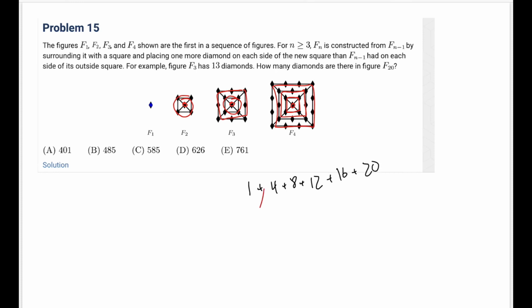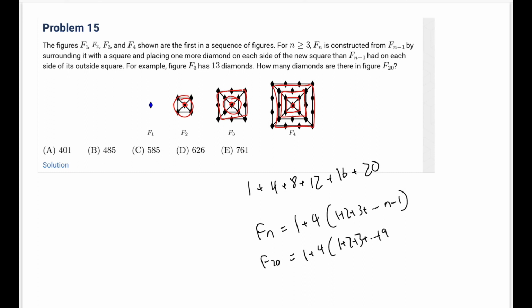So we know that until this is F1, this is F2, until here is F3, until here is F4, and so we can say that Fn is 1 plus 4 times (1 plus 2 plus 3 plus all the way to n minus 1), right? So if we put in F20 here, F20 equals 1 plus 4 times (1 plus 2 plus 3 plus all the way to 19).